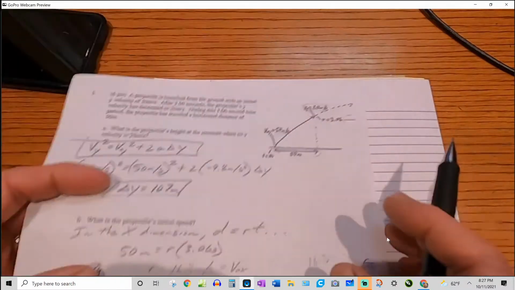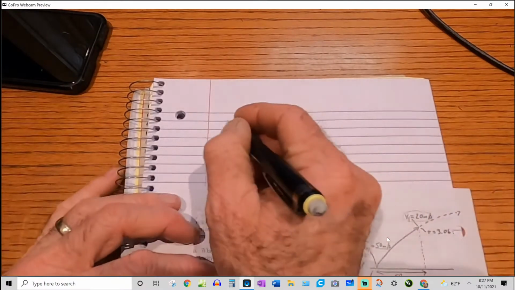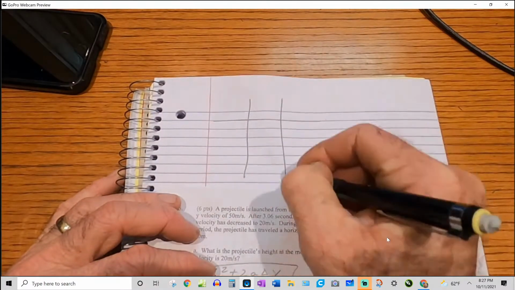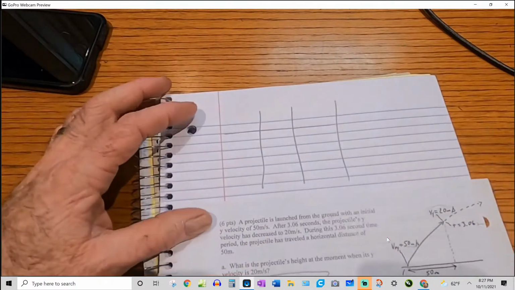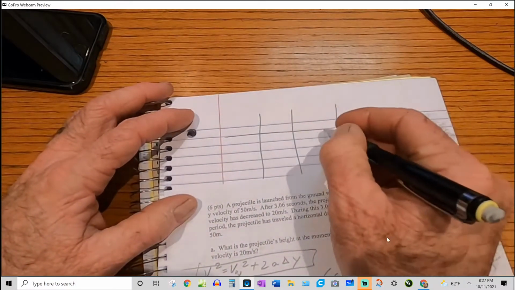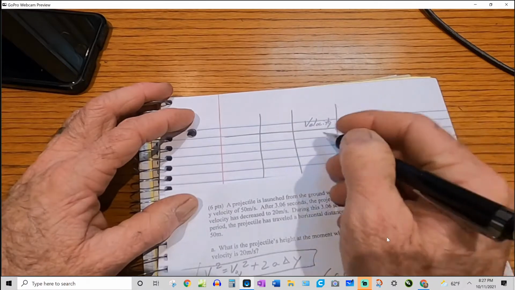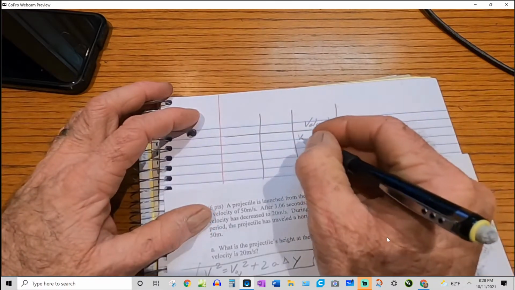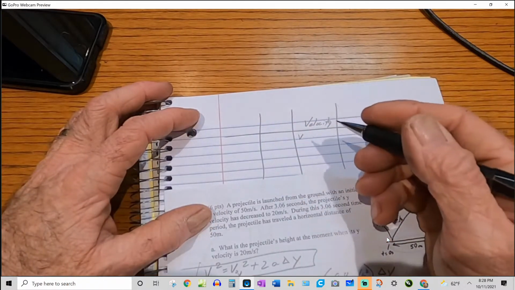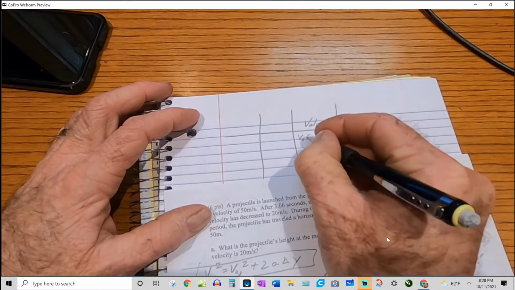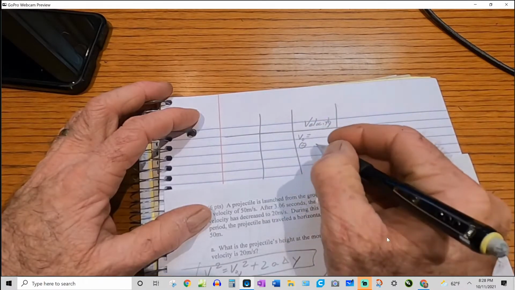Let me think through it this way. I don't know why I have extra stuff here. Actually, yeah. So this is velocity, V or V0. V0. And theta.